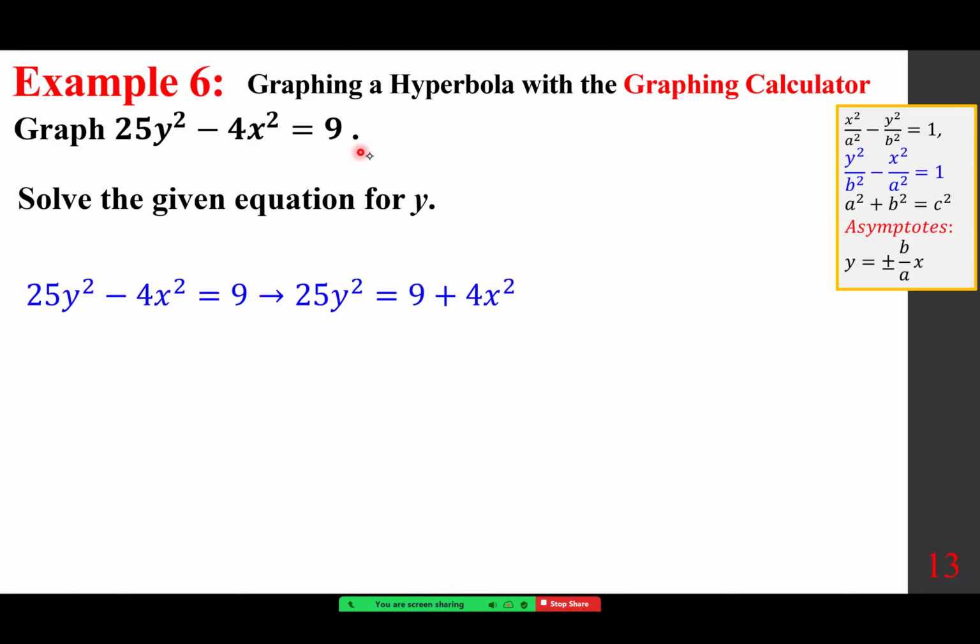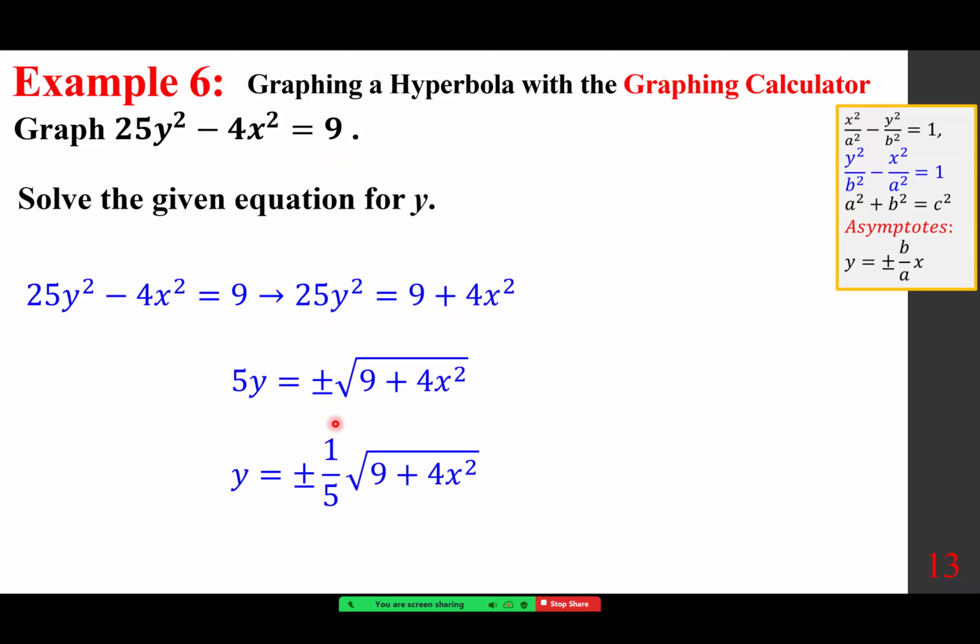If you take the root of both sides, this becomes 5y equals plus minus the square root of that. Now you divide both sides by 5. You get y equals plus minus 1 over 5 times the square root of 9 plus 4x squared. When you put it into a calculator, you put the positive one as y1 and negative 1 over 5 times the square root of 9 plus 4x squared as y2.